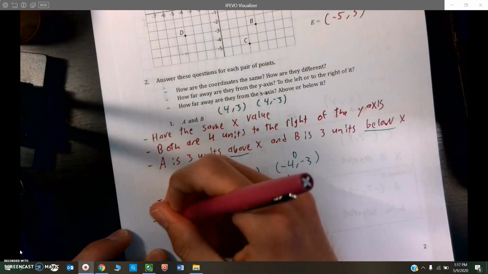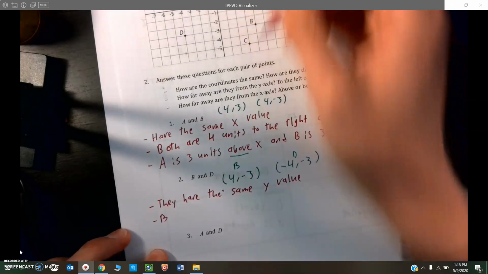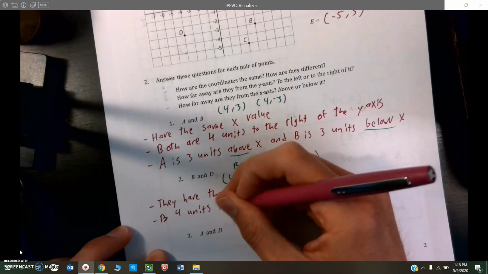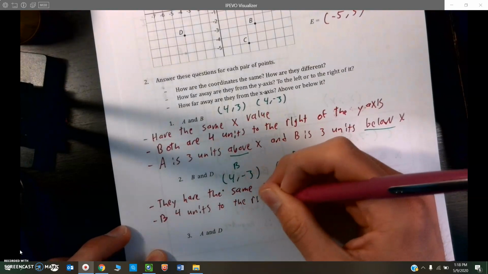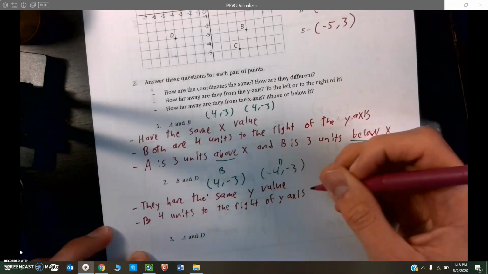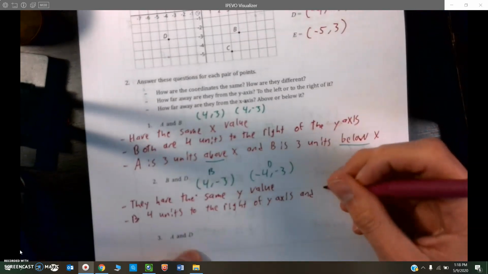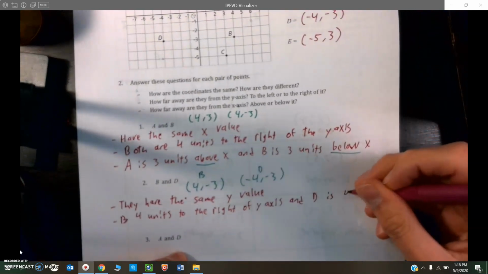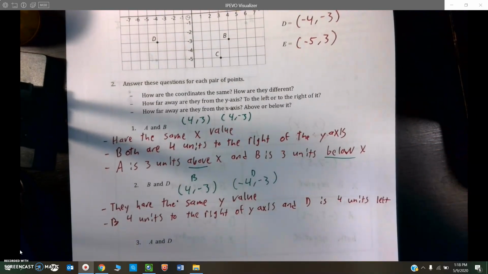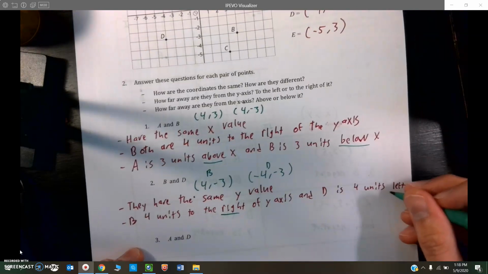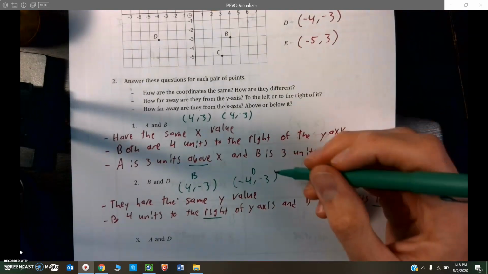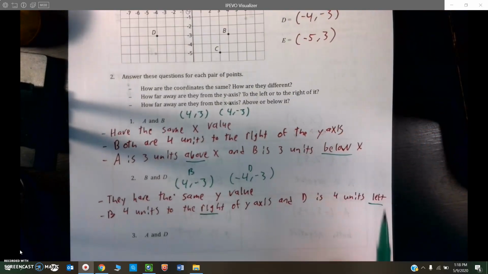B is 1, 2, 3, 4, 4 units to the right of the y-axis, and D is 4 units left. So they're both 4 units away, but one is 4 units to the right, and one is 4 units to the left. We can see that when it's to the left, it's negative. When it's to the right, it's positive.